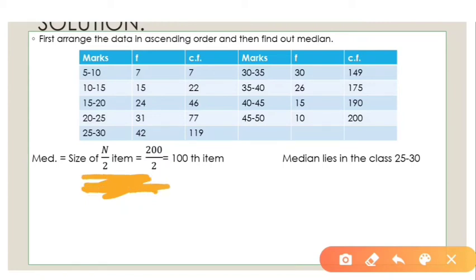Here the value of n is 200, the last sum, so 200 by 2 will be the 100th item. So where does 100 lie? Between 77 and 119, as we are looking in the cumulative frequency column. So we'll take the higher term, which is 119. So the median class will be 25 to 30.